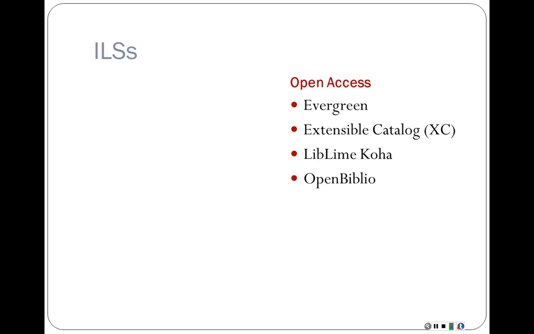So whichever system your library uses, it is important that the product has Web 2.0 functionality, meaning that users are able to interact with the data in the web page.